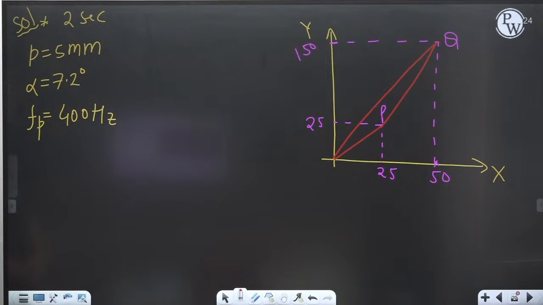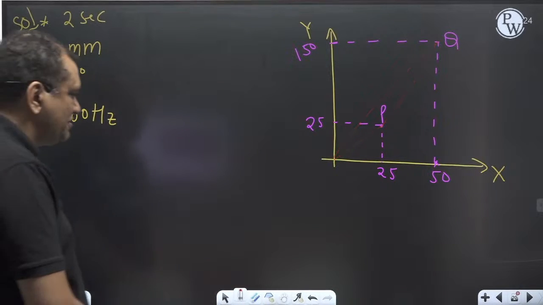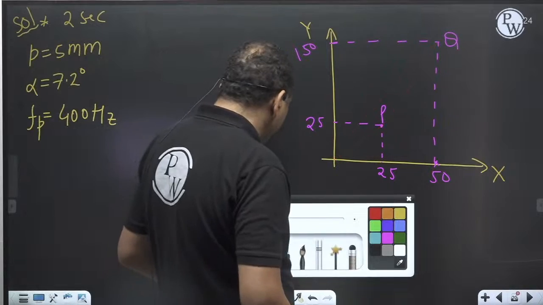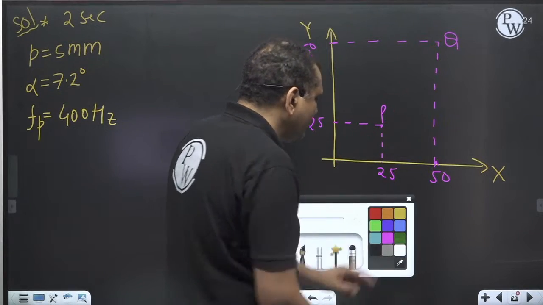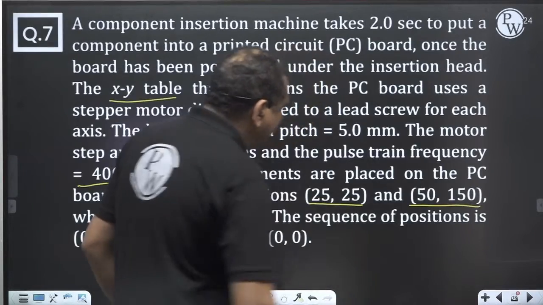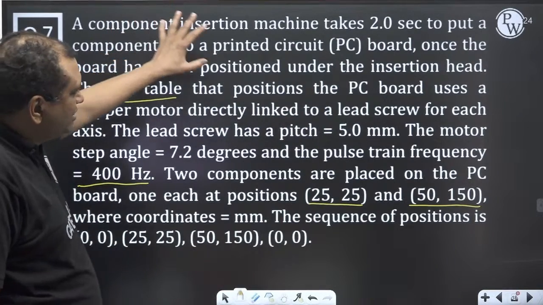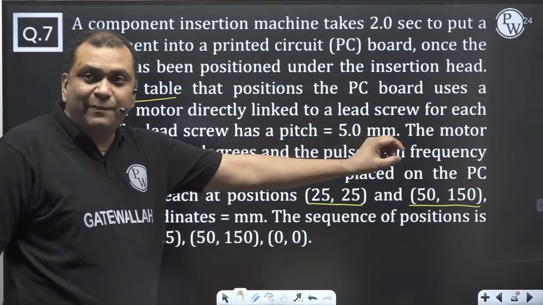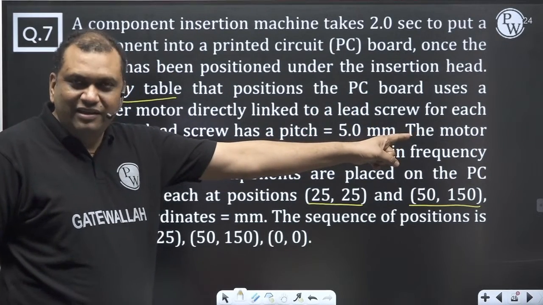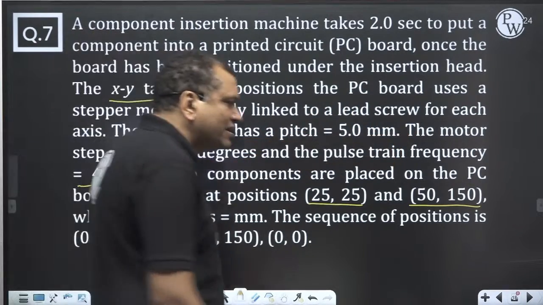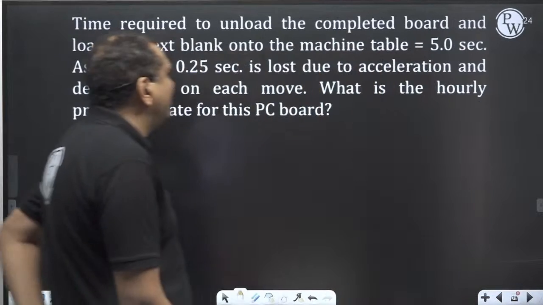This is the sequence of movement of our stepper motors. Very nice. So this whole thing, I have compiled the data on a sheet, but the question is still there.